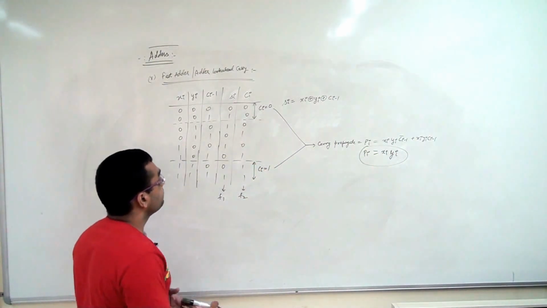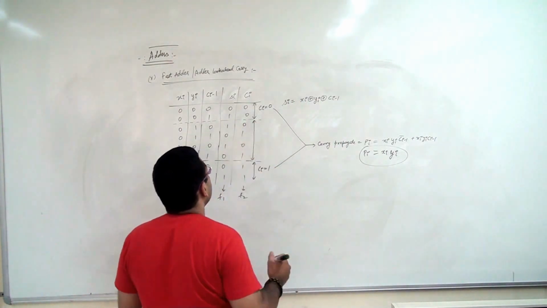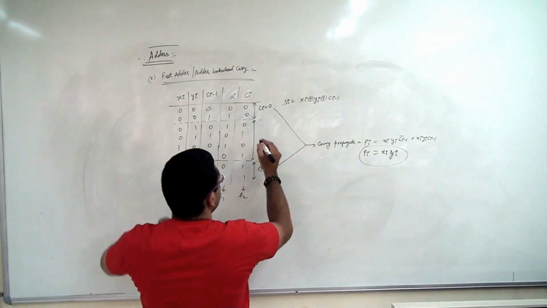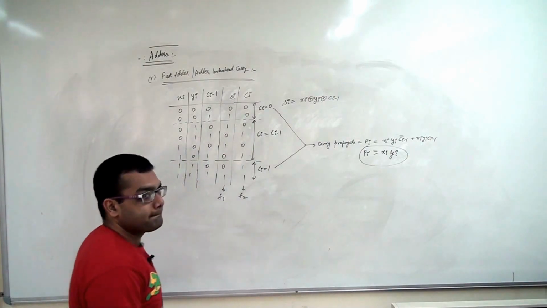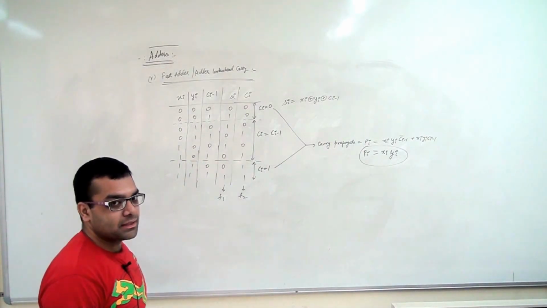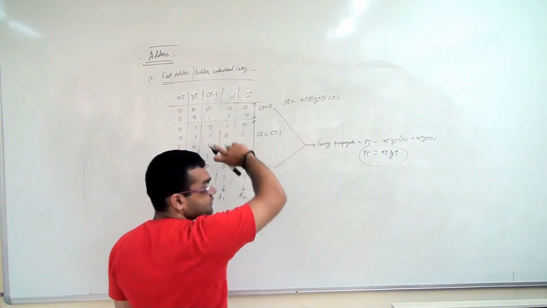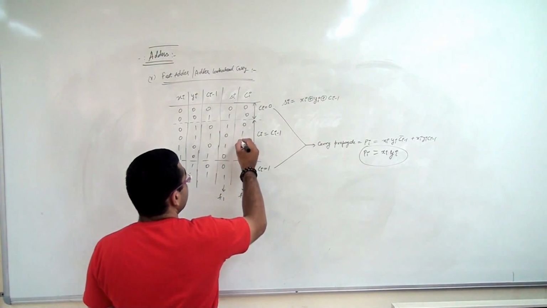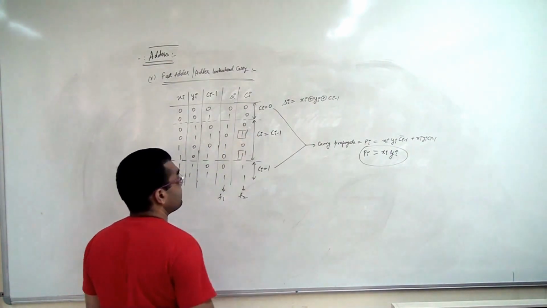Alright. Now what about these 4 stages? Over here if I compare the two columns ci and ci minus 1, I can see my ci is the same as ci minus 1. Isn't it? Okay. So what is the condition for this? I can see over here, I get a 1 here, and a 1 here.